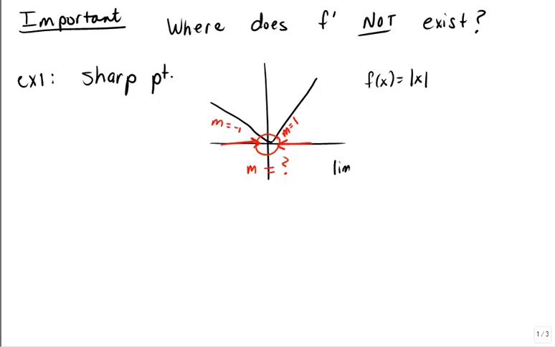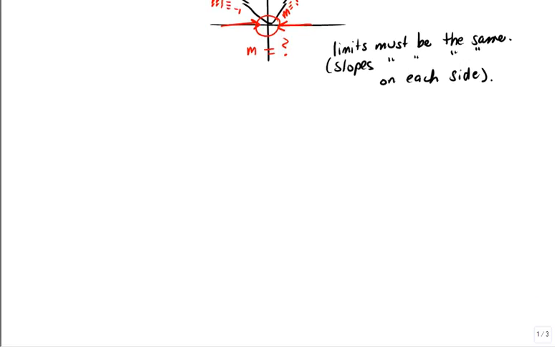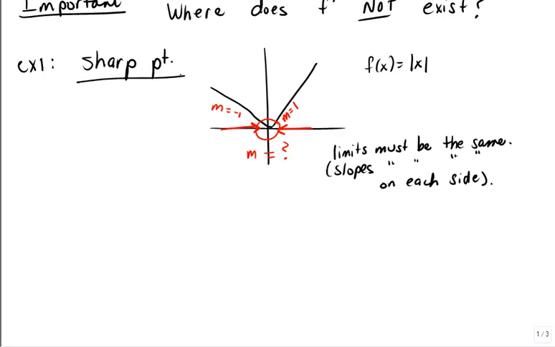The limits of the difference quotient must be the same. So the slopes must be the same on each side. And at a sharp point, they're not. So the first case where it doesn't exist is a sharp point.